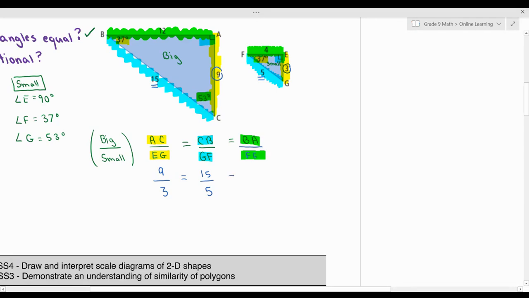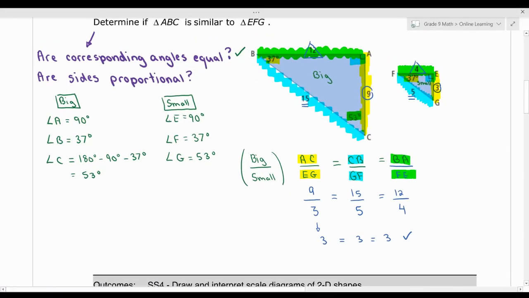And then B to A was 12, and that connects to F to E, which was 4. Okay, so we have 9/3. We're saying that's supposed to equal 15/5, which is also supposed to equal 12/4. Well, you'll notice, clean this up, you're going to get 3 is equal to 3, which is equal to 3. Because these numbers are all the same, we can say that the sides are actually proportional to each other. So we've proved it two different ways.